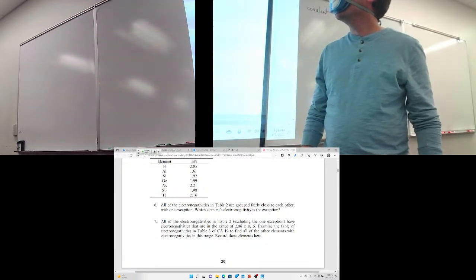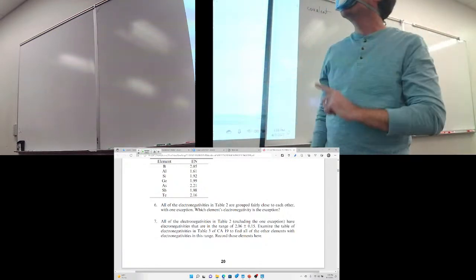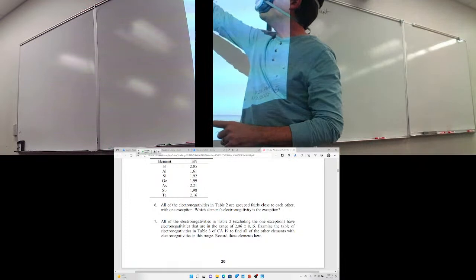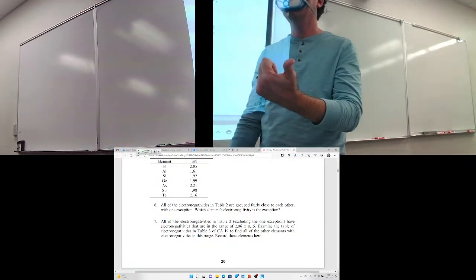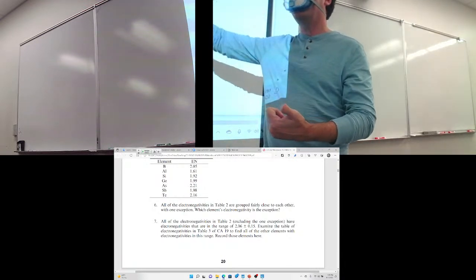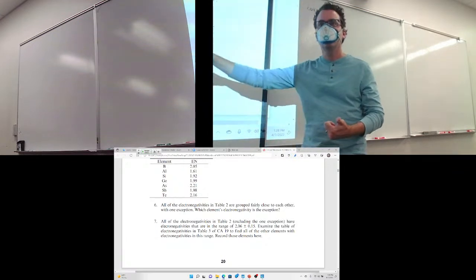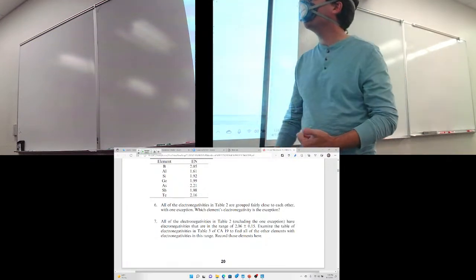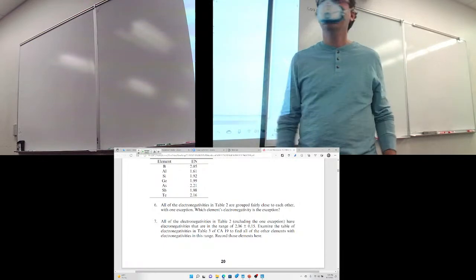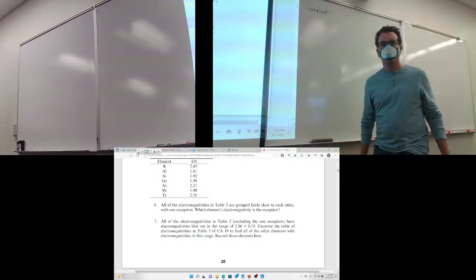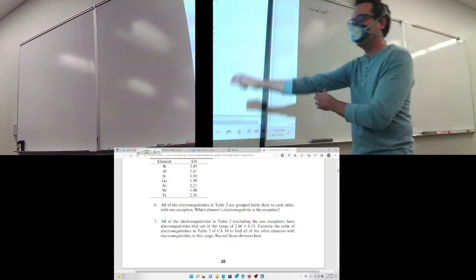And hopefully that rings some bells, because look at what these are. Aluminum is a metal. The rest of them are what we call the metalloids or semi-metals. You probably don't recognize them because we don't use them, but they're the ones on the diagonal line.